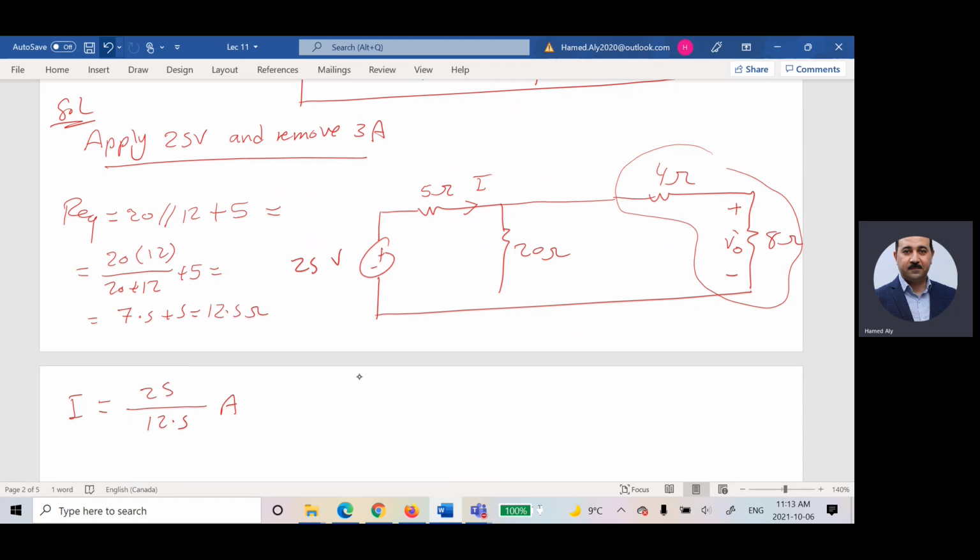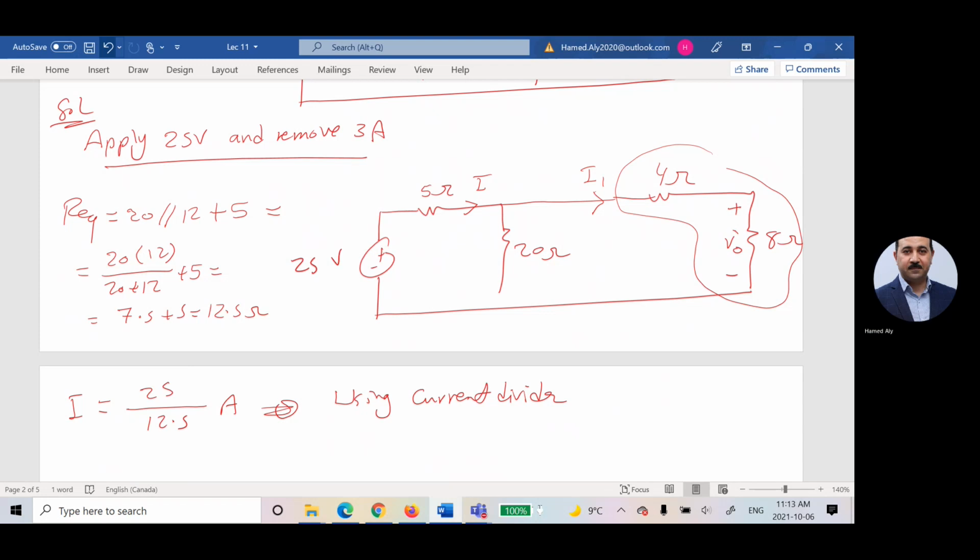Once you calculate the current, you can calculate the current in this branch, which is I1. So using current divider, I can say that I1 equals I multiplied by 20 divided by 20 plus 12.